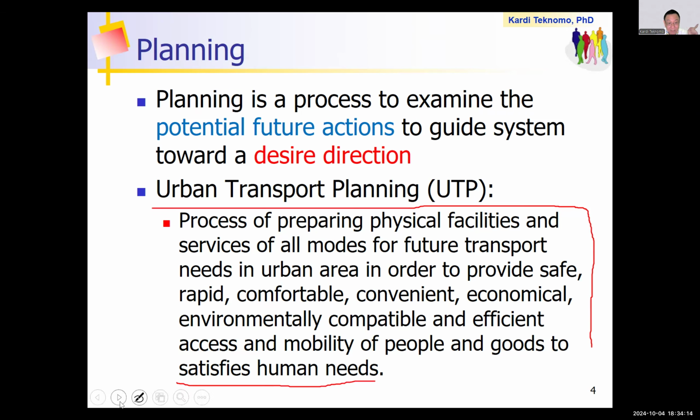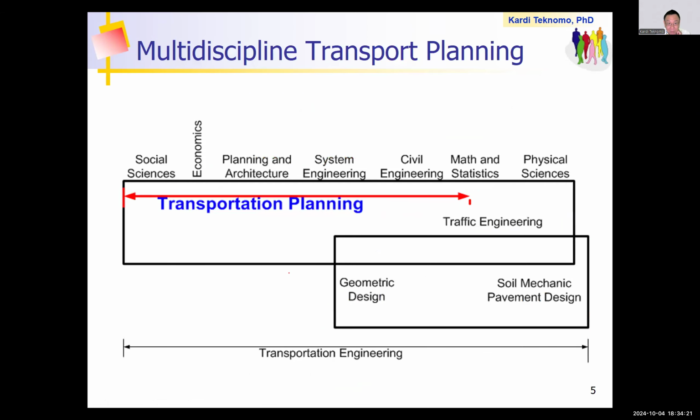Transportation is a derived demand of activities. Don't forget that. When we talk about transportation planning, it is actually multidisciplinary. It combines social science and economics. Maybe you have a background in architecture or system engineering, or some of you from civil engineering. You can also come from various backgrounds in mathematics and statistics and so on. These are the various multidisciplinary aspects of transportation planning.